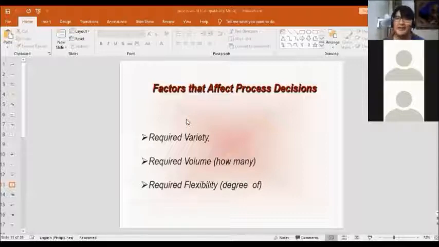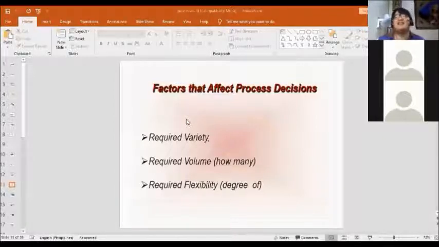Okay, next. How about volume? The quantity ordered from you. For example, say your business before is a restaurant. Before, you only had around 20 customers a day. Because they liked your food, they invited their friends, so the number of customers has now increased. So your process decision will now be affected.